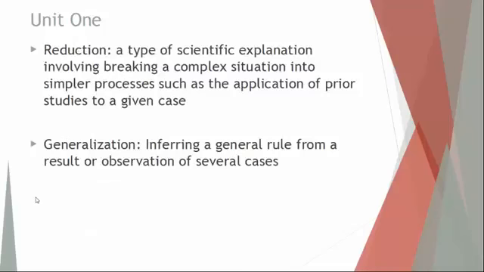All right, next move on to two opposite terms, reduction and generalization. For reduction, this is a type of scientific explanation that involves breaking down a complex situation into simple processes as a way to explain how that process works. For example, breaking down the complex process of how a nerve impulse goes from one neuron to the next neuron.